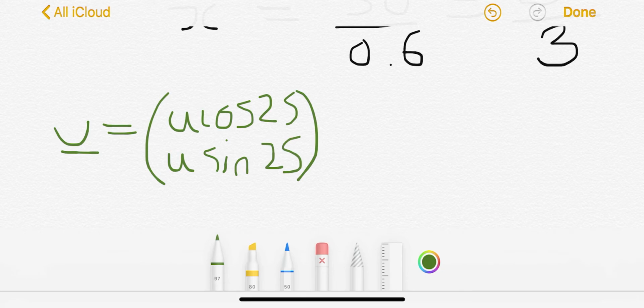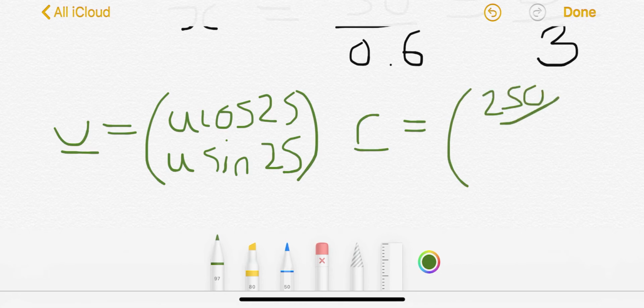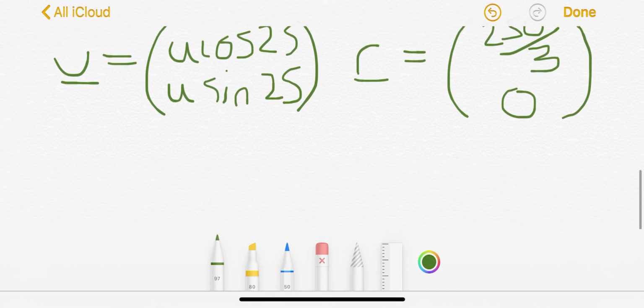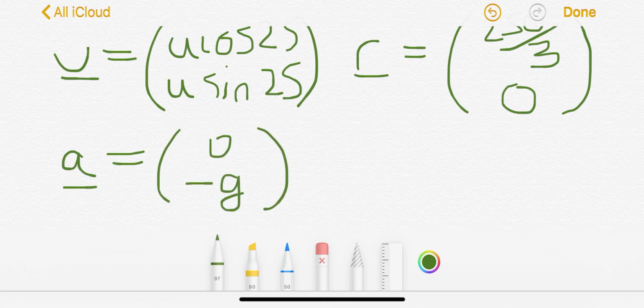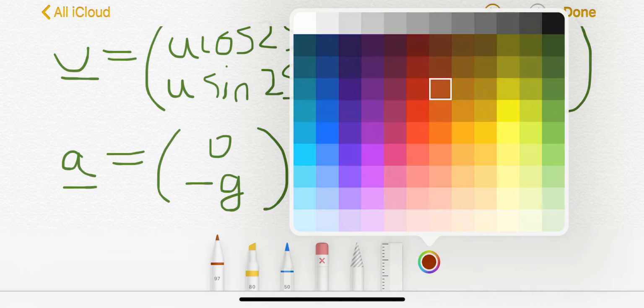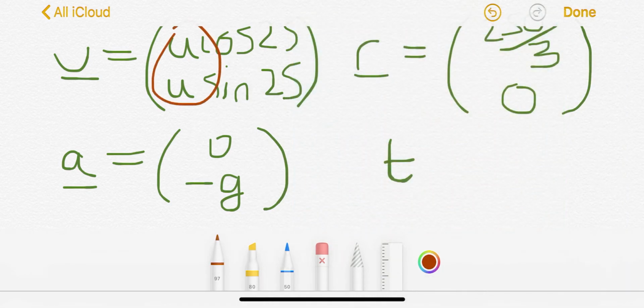We know r: horizontally we want 250 over 3, and vertically we want him landing, so 0. We also know a is 0 and negative g. We don't know t, but we're going to work with t, and it is this u that we are trying to calculate.